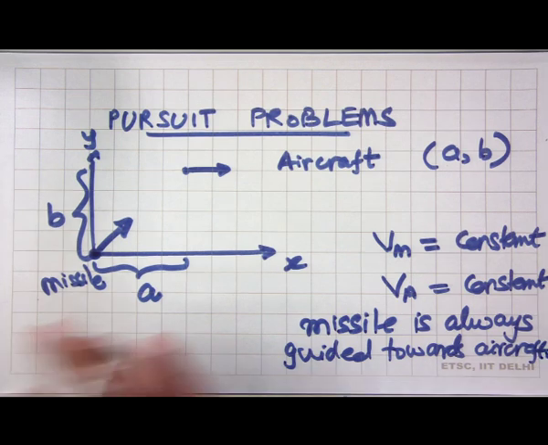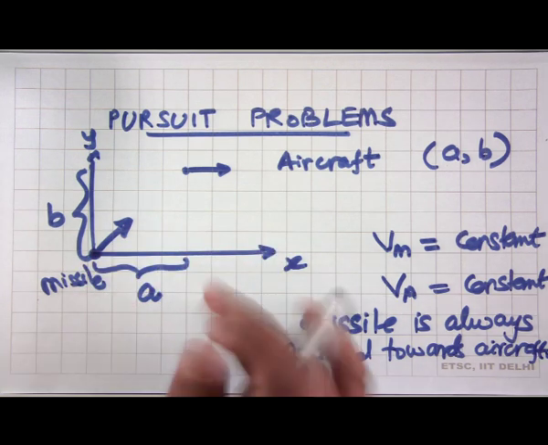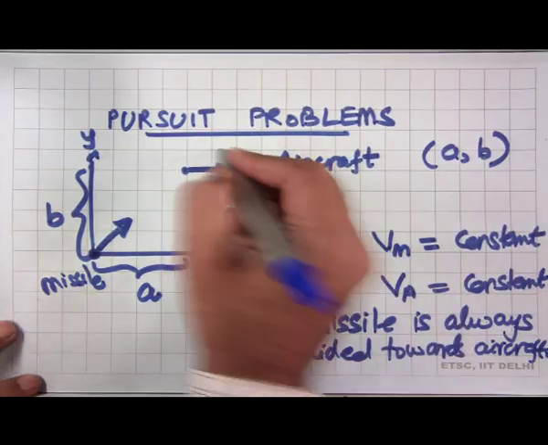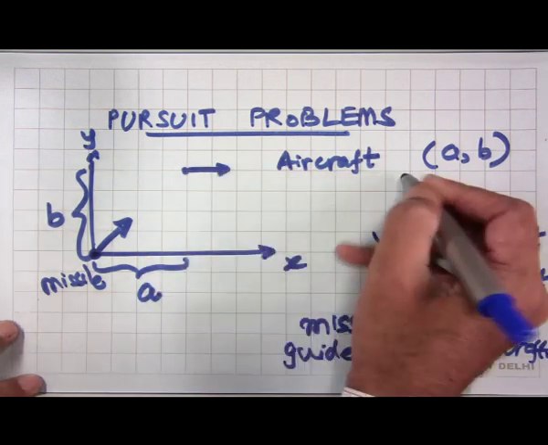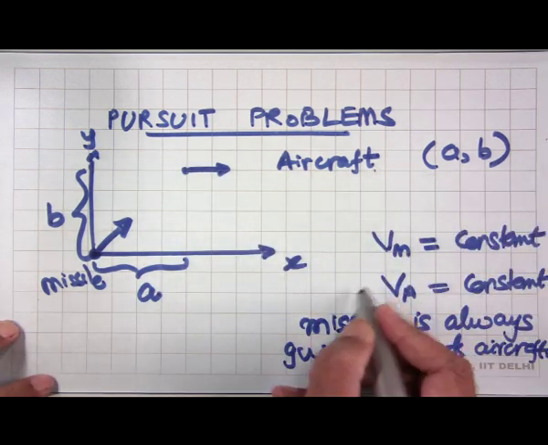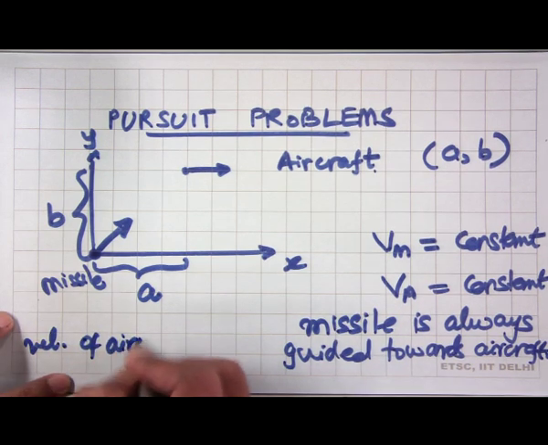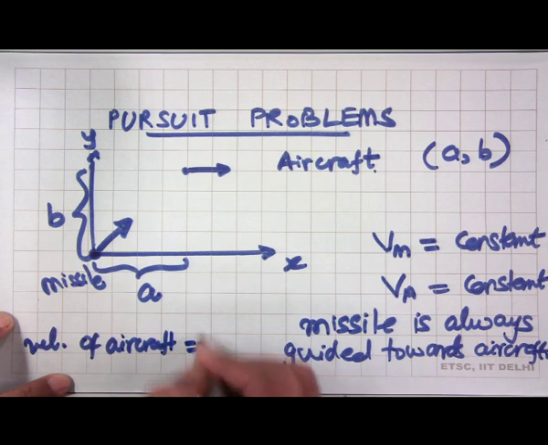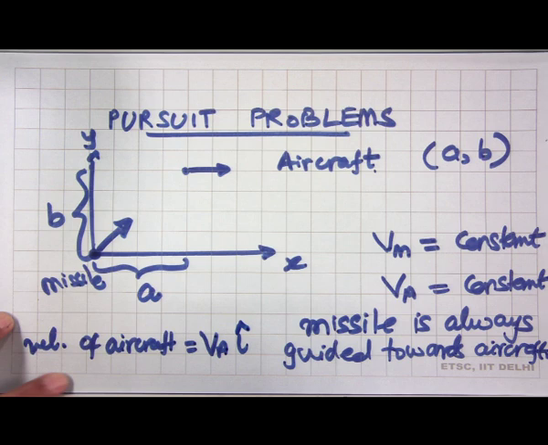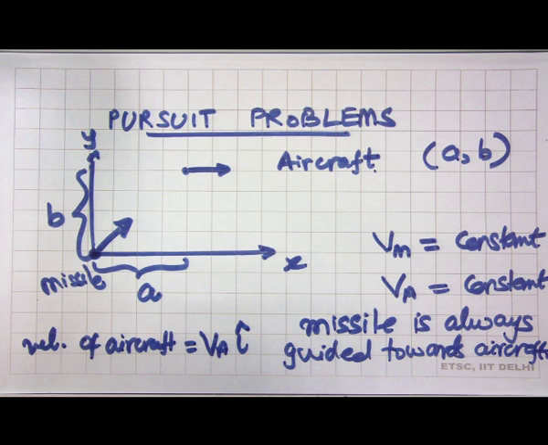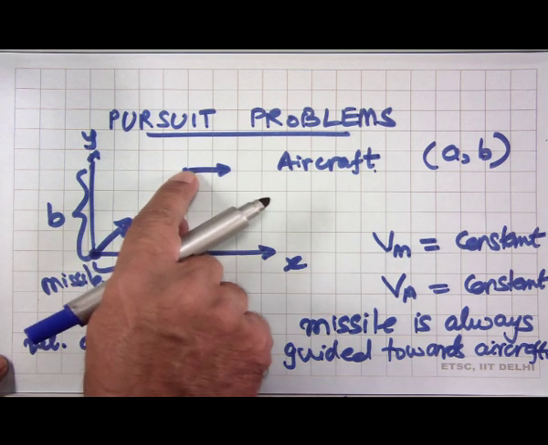So, given the initial position of the aircraft and the missile, and given that the aircraft travels along a straight line, Va is constant, and we can also say that the velocity of the aircraft will be equal to Va i. It is also given that the missile speed is constant, and it is always guided towards the aircraft.